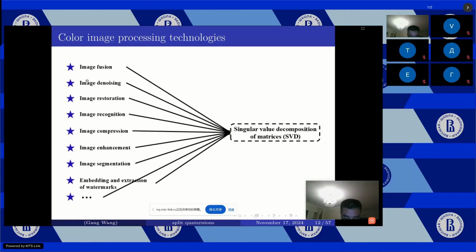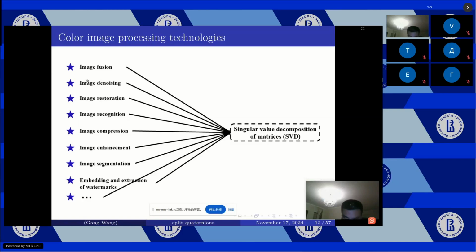By effectively extracting the main features of images, they assist in achieving more accurate color restoration, image reconstruction, and image classification. This further highlights the importance of conducting in-depth research on SVD, particularly within the framework of split-quaternion matrices.